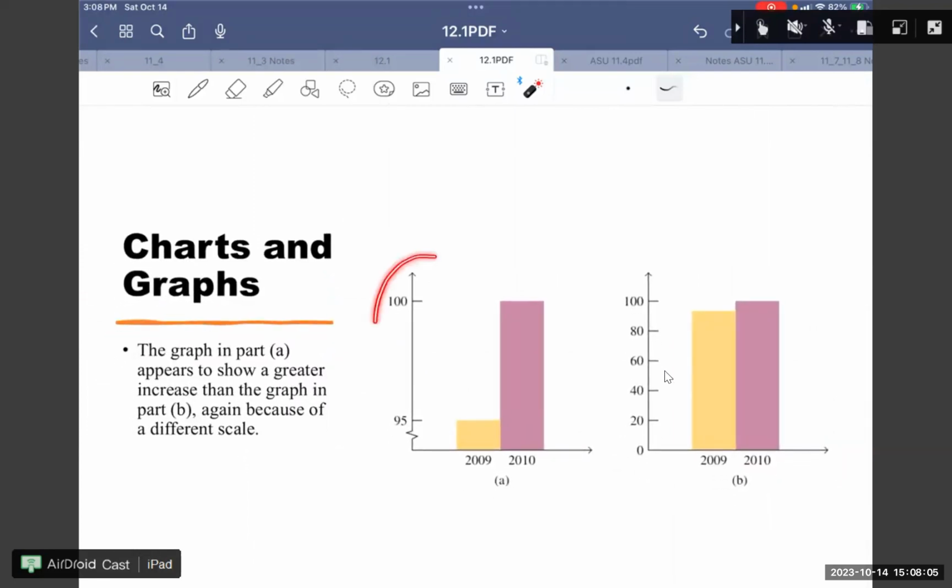Graph A appears to show a greater increase than graph B. So you see this small one. In 2009 they played around with the scale, so this one has a huge gap, but this one is just a little small, because of the different steps.